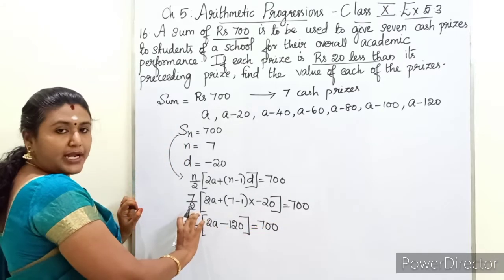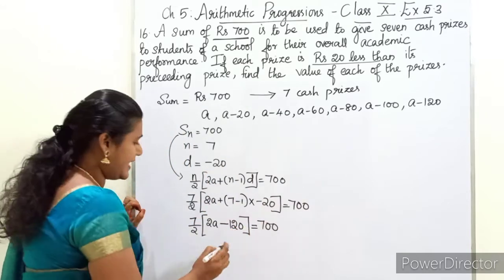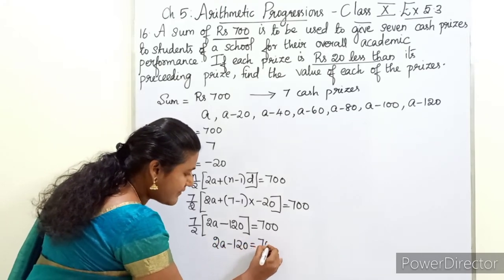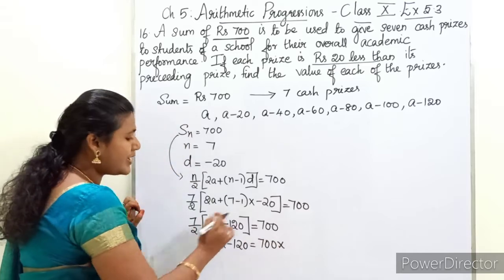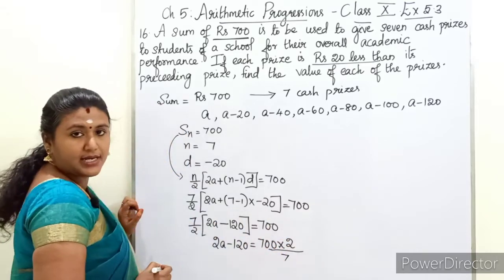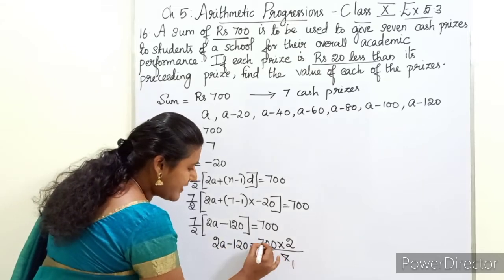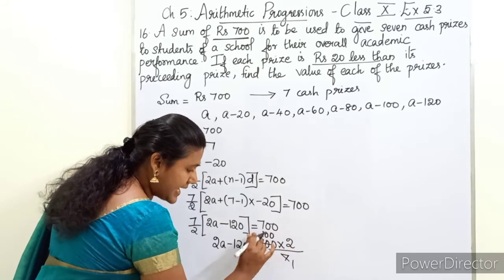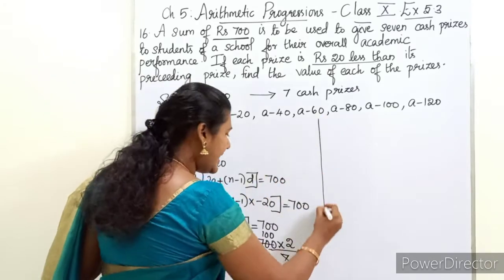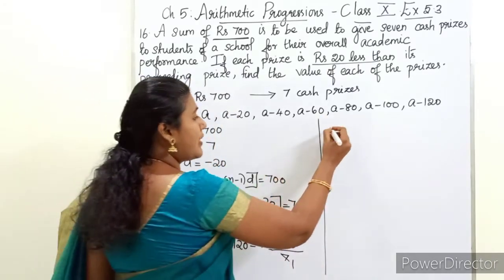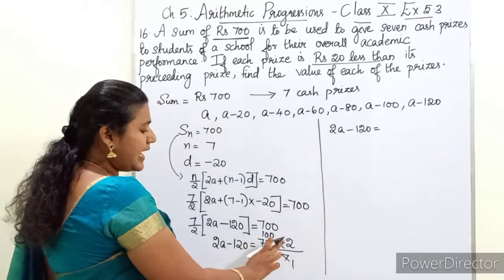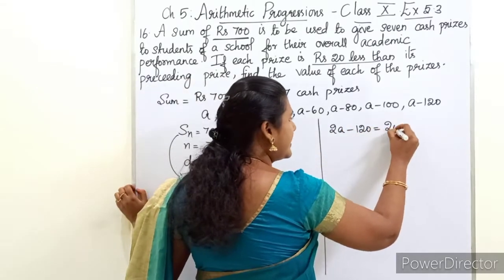Now the 7 by 2 we will take to the right side. So 2A minus 120 is equal to 700 into 2 over 7, the 2 goes to the numerator and the 7 comes in the denominator. Now we can cancel 7 and 700, that is 100. 100 into 2 is 200. So we get 2A minus 120 is equal to 200.